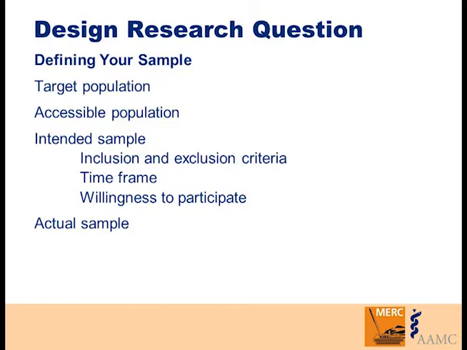All PGY1 anesthesia residents? All PGY residents who learn airway management? All PGY1 anesthesia residents at similar institutions. There is no right or wrong answer, but if you think about sample and population up front, it will help you craft a better question and design a sound study. So ask yourself, who is your target population? All residents in all specialties who learn airway management?